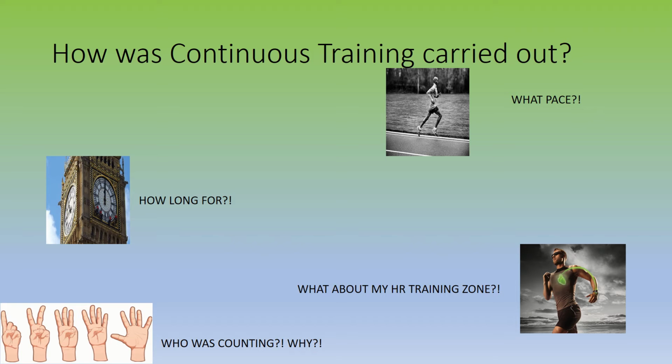So if we put that all together, again looking to try and achieve a mark per sentence, I carried continuous training out for 20 minutes at a steady pace. Throughout this approach, I tried to stay in my heart rate training zone of 70 to 85%. During the approach, my partner was counting how many laps I did for monitoring purposes to see if I met my short-term goal.